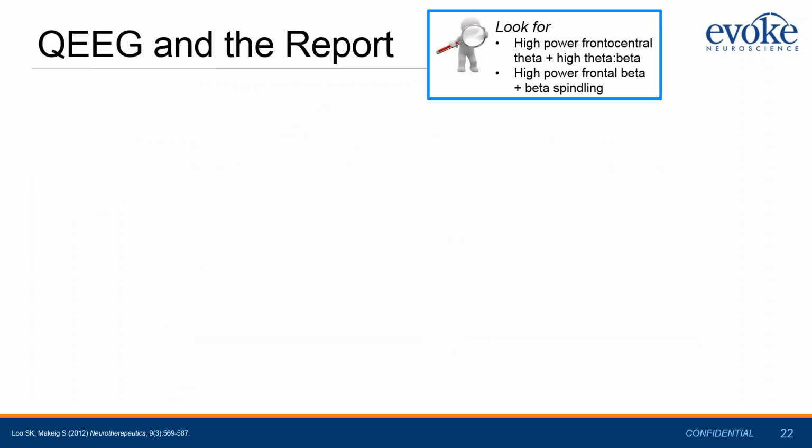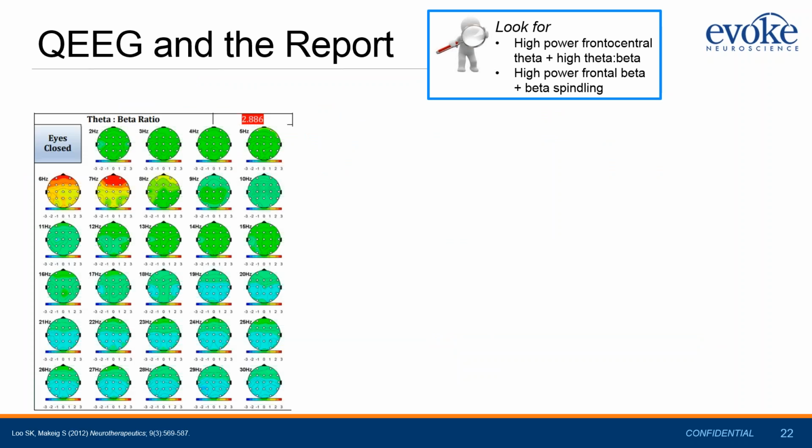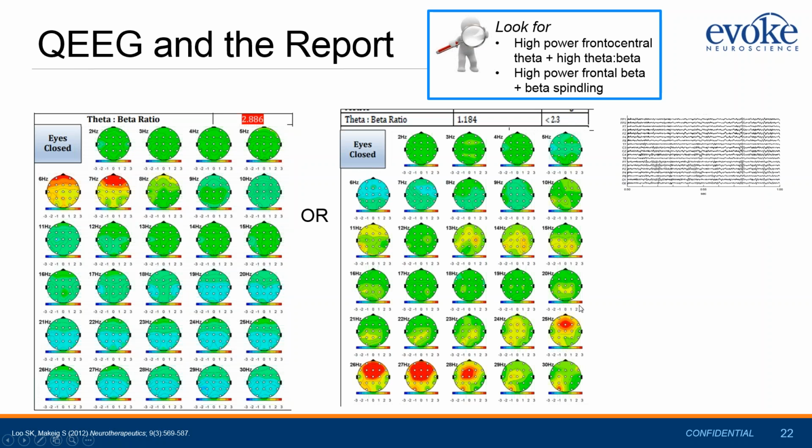Okay, so QEEG and the report, what we're looking for. Type 1 is our excess theta. We're looking for too much power in the theta band in the frontal-central region. And usually it's coming hand in hand with a high theta-beta ratio. Or we're looking for excess beta in the frontal region.